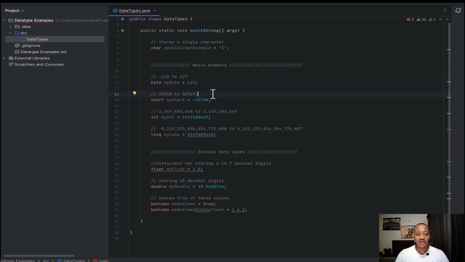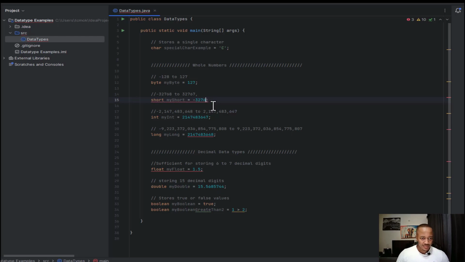Okay, then if you're dealing with more values, because sometimes in the real world you tend to deal with much larger numbers, then you can move to a short, and a short can store up to 32,768. If you try to go beyond that, same issue, it's going to complain.